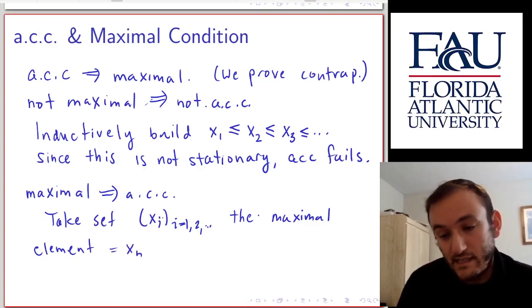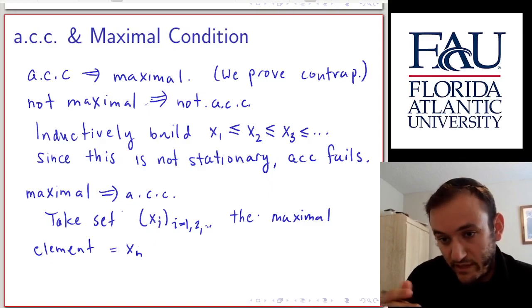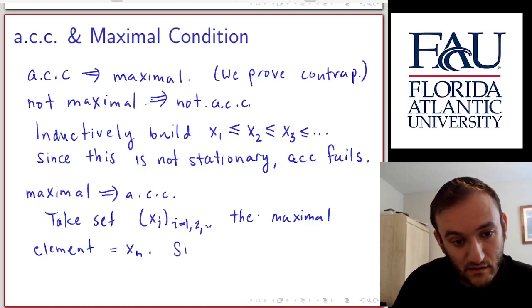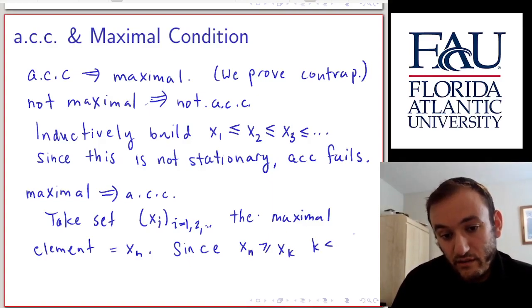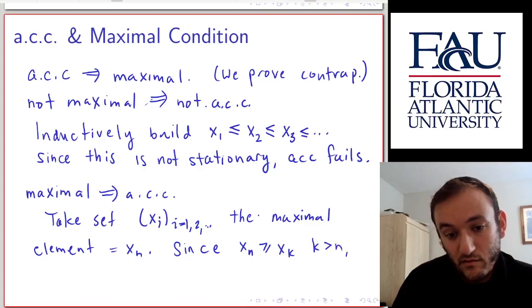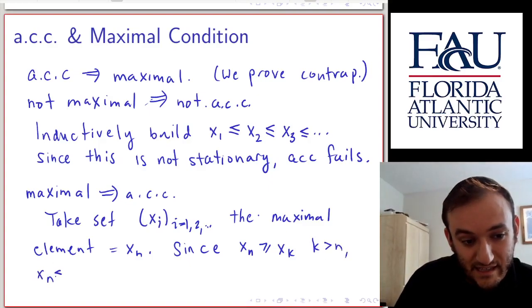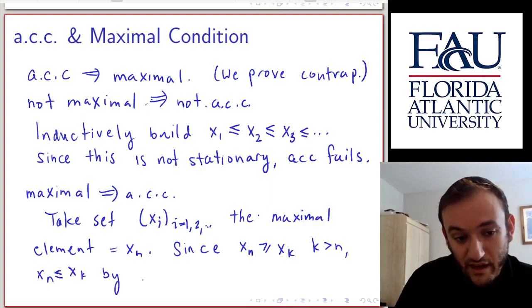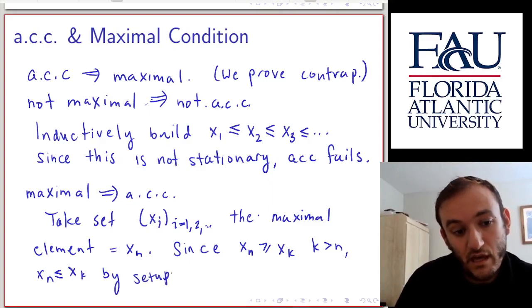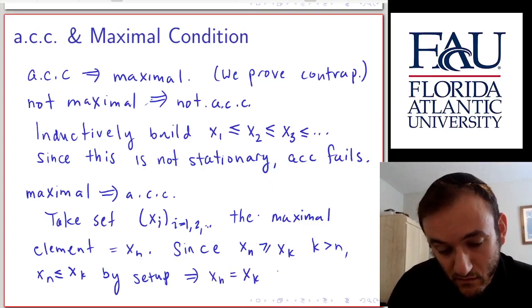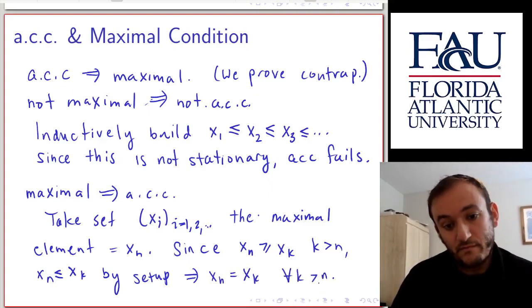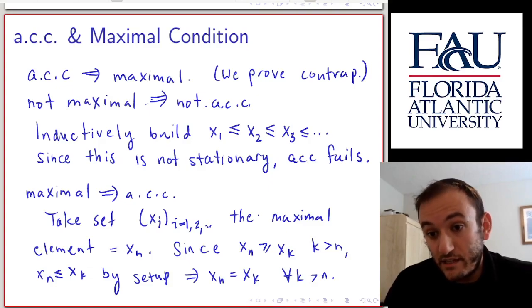But then, since this is a sequence which is ordered by this partial ordering, this will be equal to everything after it, since xn is greater than or equal to xk for k greater than n, but we also have that xn is less than or equal to xk by the setup. This implies that xn equals xk for k greater than or equal to n. Okay, and that gives us the ascending chain condition.